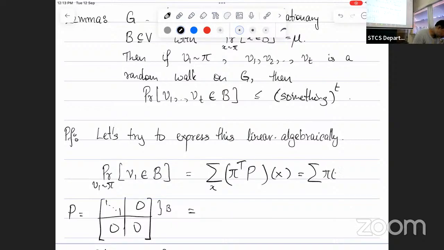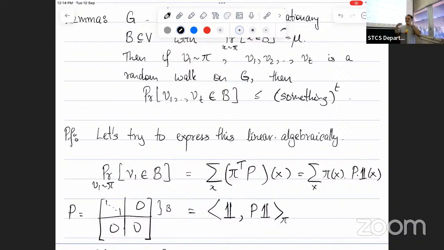Okay, and this can be written as the summation of pi of x times P times all ones at x. I'm just writing it differently so that I will then be able to write this in some linear algebraic form. So think of P times all ones, which is like saying you're adding. What I want to say is just the following: this is the inner product of the all ones vector and P times the all ones vector, according to the distribution pi.